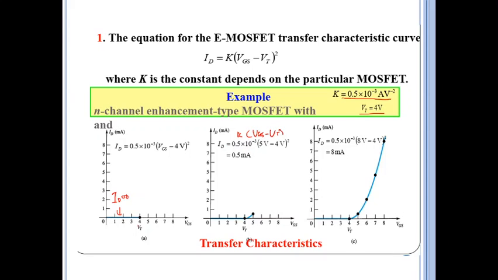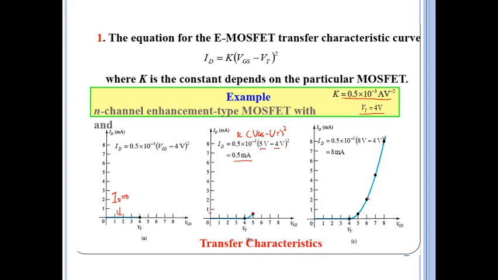times (VGS minus Vt) squared. So you just put the K value here, and for example, VGS here is 5. So 5 minus the threshold voltage of 4 is 1, squared, times 0.5. So you'll get the ID of 0.5 milliampere. So it will be this point. You can plot the point.